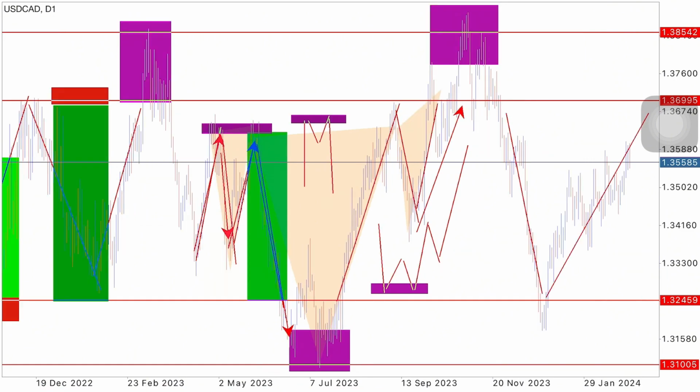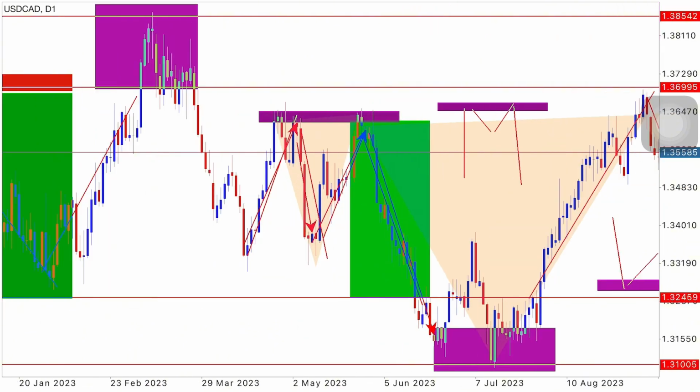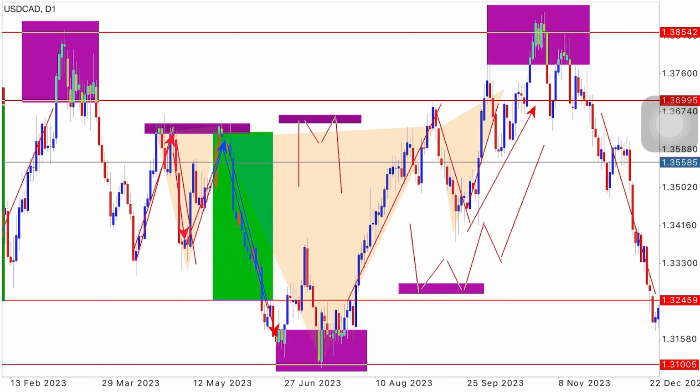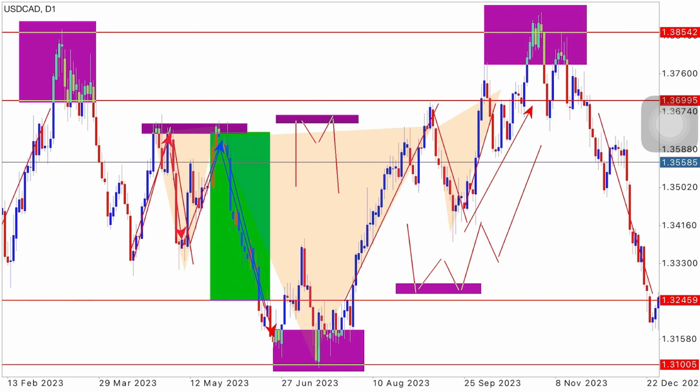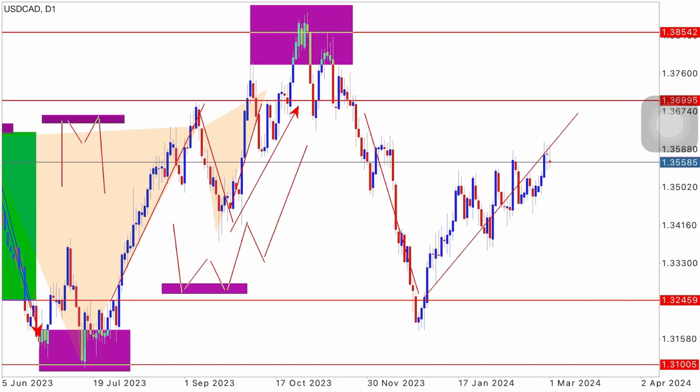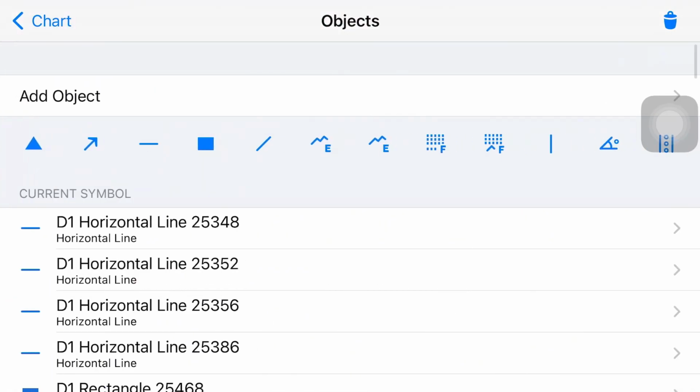Okay, I also see a beautiful inverse head and shoulders, which ranged in this form like this, creating for us also a high volatility inside this market, a high volatile market. And remember, this is USDCAD, guys. This is USDCAD.